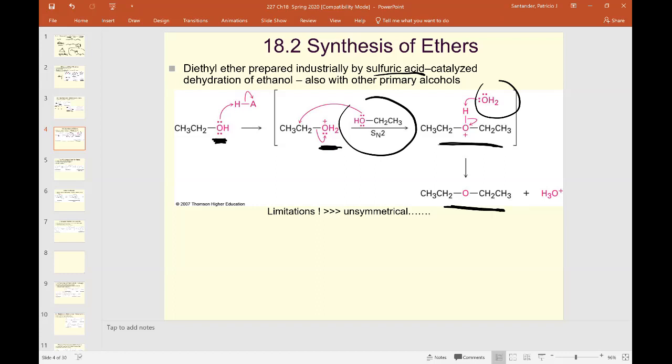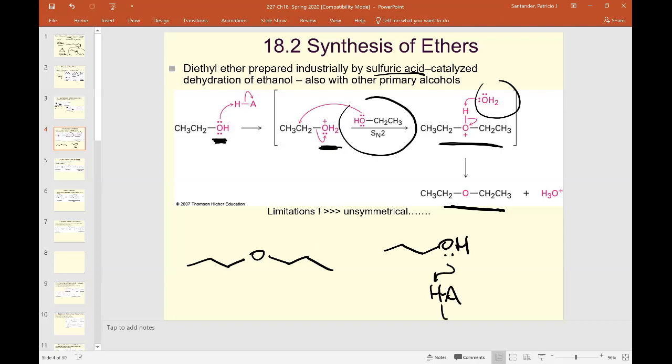Let's see another example. Let's say that I want to prepare this ether. So what I should use will be propyl alcohol, right? Propyl alcohol. Then I will get protonation of this with an acid. I can use an acid to protonate this to form the good leaving group, water.